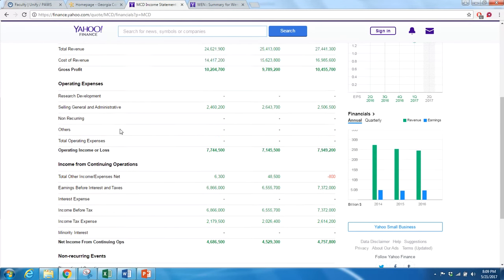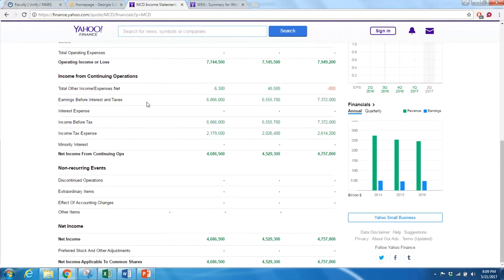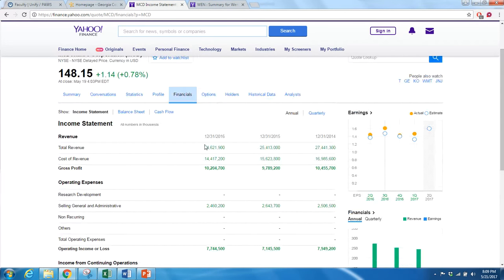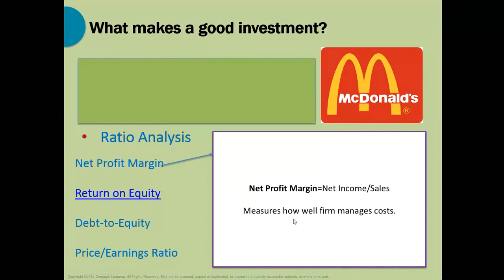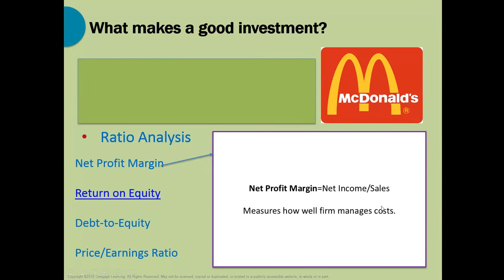But then you have to take out all their costs and everything, the debt expenses, and we get down to a net income of $4,686,500,000. And so what the net profit margin measures is how much of that revenue is left over in profits, and it gives us an idea of how well the firm is managed, how well it manages its costs.